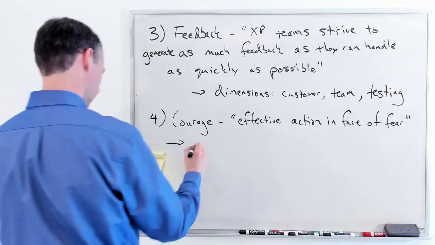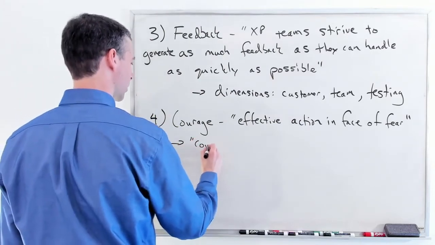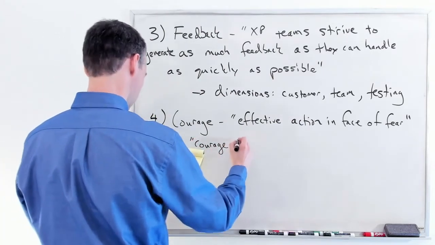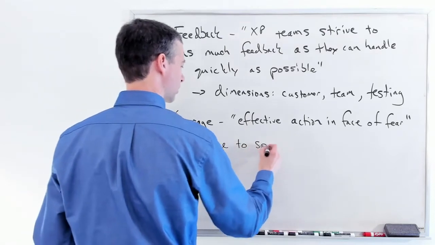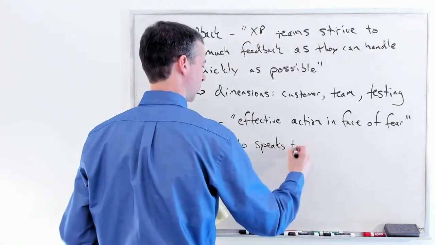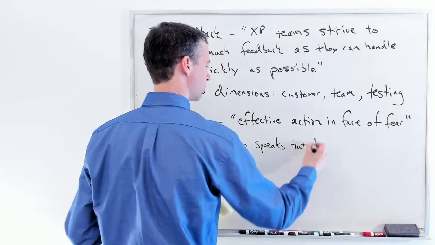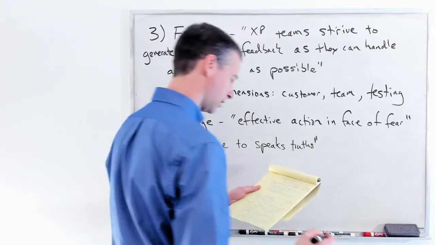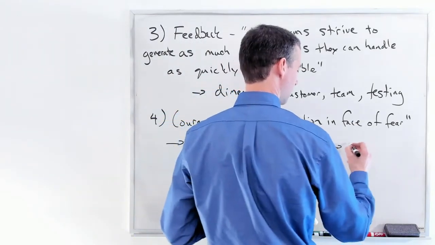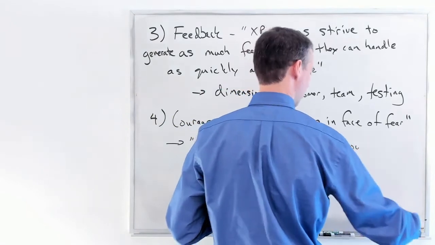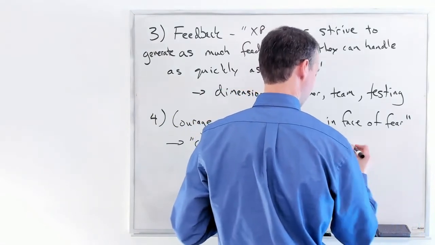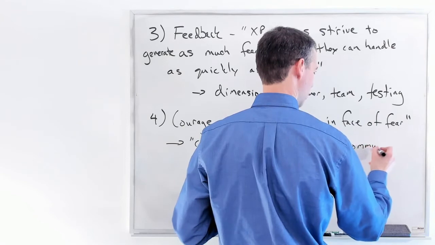And so this is things along the lines of courage to speak truths, even when these truths are unpleasant. So this points to we need courage to really maximize our communication.